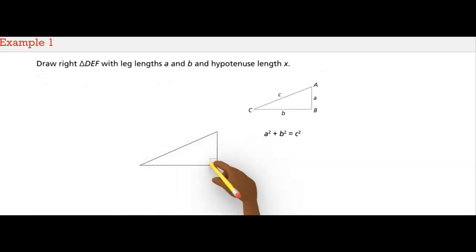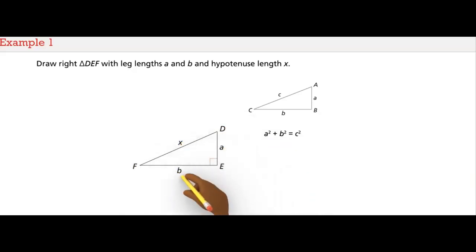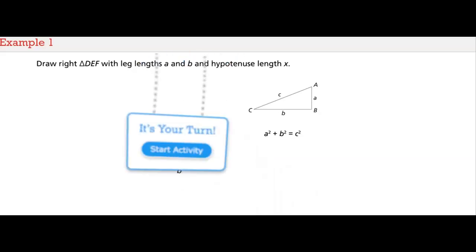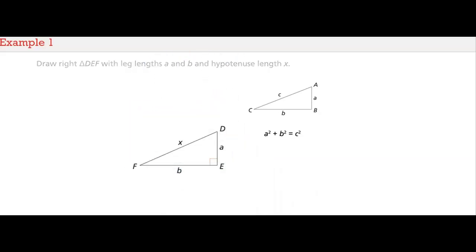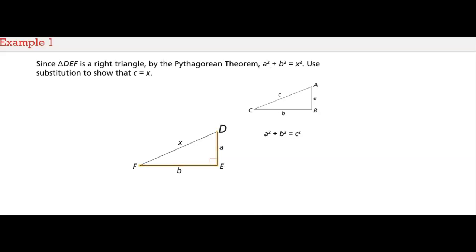Let's draw right triangle DEF with leg lengths A and B and hypotenuse length X. Since triangle DEF is a right triangle, by the Pythagorean theorem, we know A squared plus B squared equals X squared.